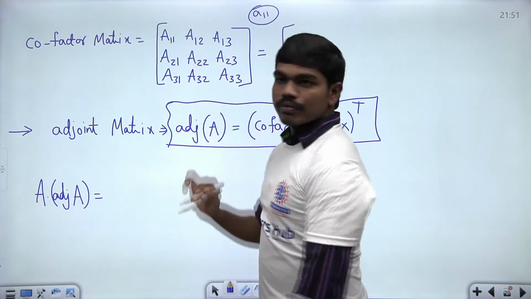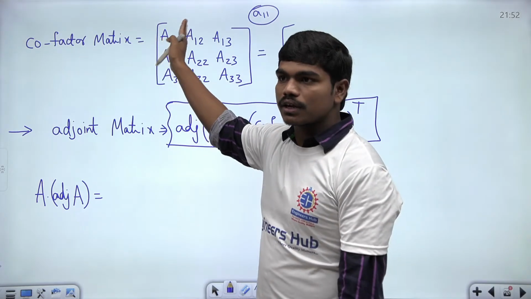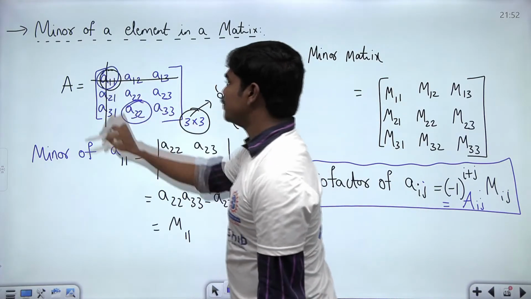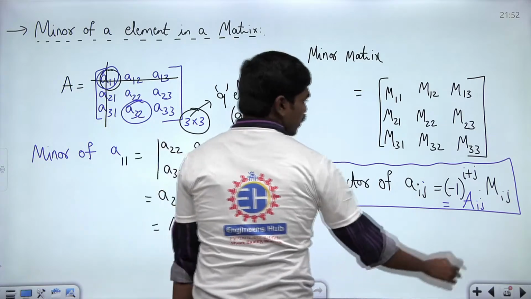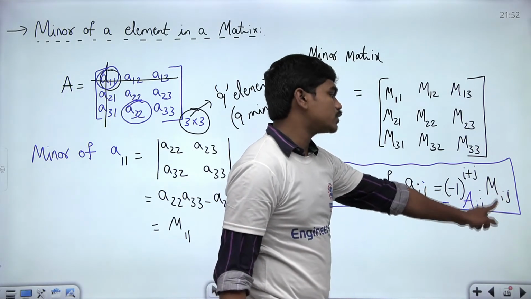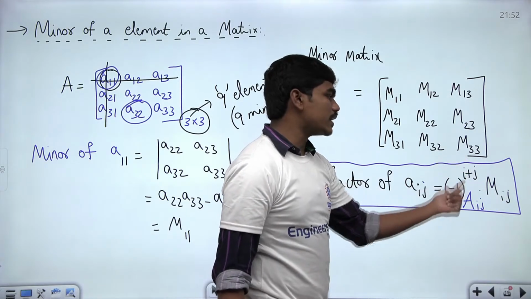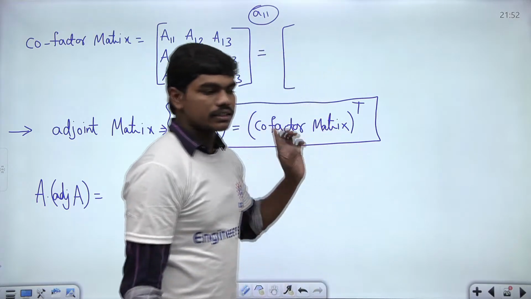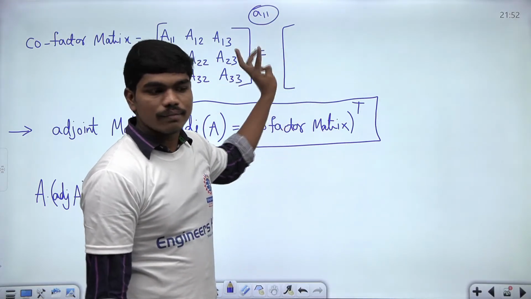Correct? This capital A11 is nothing but the cofactor of the element A11 in this matrix. Correct? Because whenever you are writing the minor, if you put A11 here, then definitely here we will be putting M11, and here depending on the calculations you will get a positive sign. Correct? So can I say this capital A11 is nothing but the cofactor of the element small A11?